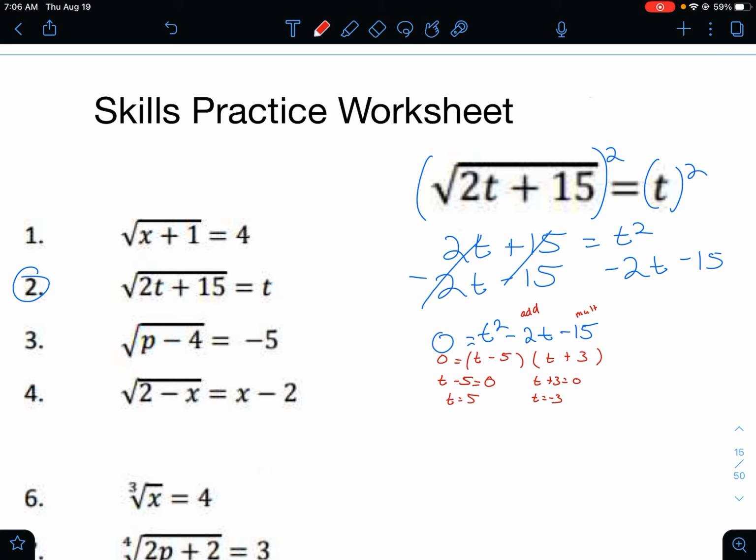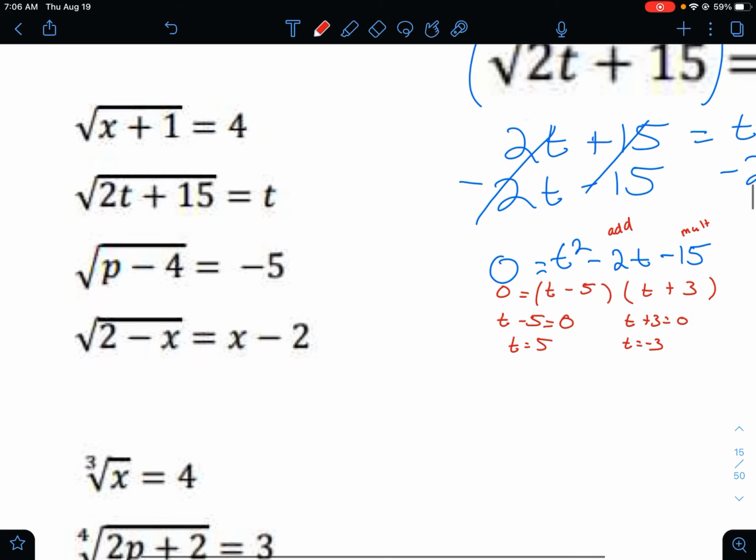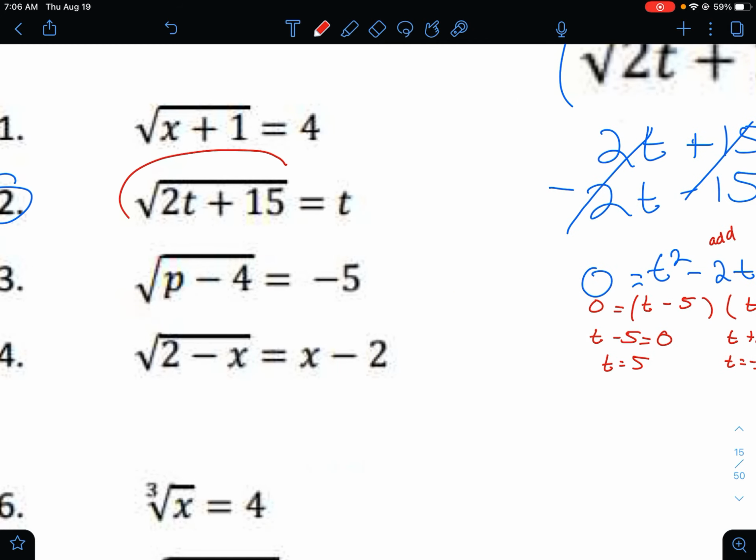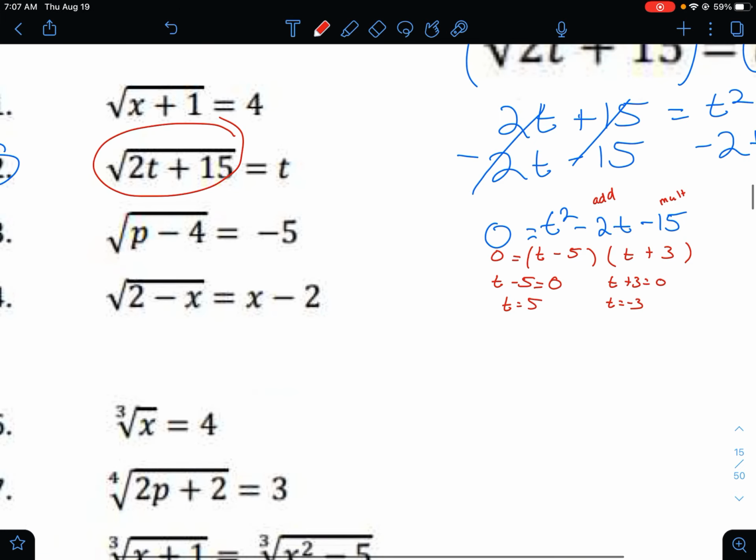All right. Awesome. One thing you should get in the habit of is making sure that your solutions work. Because there is a square root in this original problem, what's inside of the square root cannot be negative. So we could test the 5 and make sure we end up with a positive number.